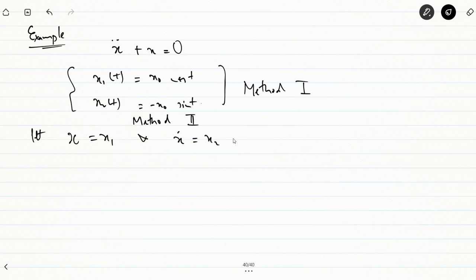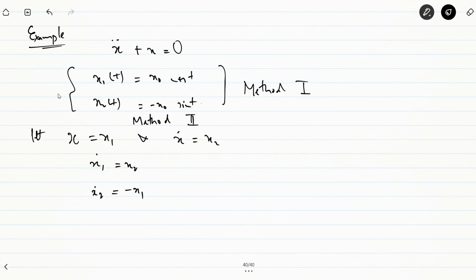That means basically x1 dot is equal to x2, x2 dot will be equal to minus x1.